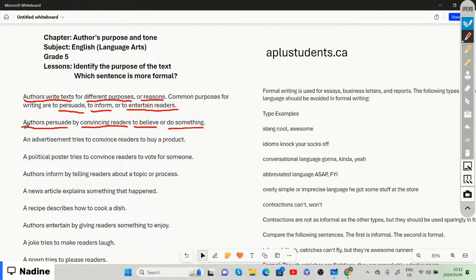It would be bold, with the person's name and surname, the person's face, the name of the political party, and then they will convince the readers to vote for someone specifically.